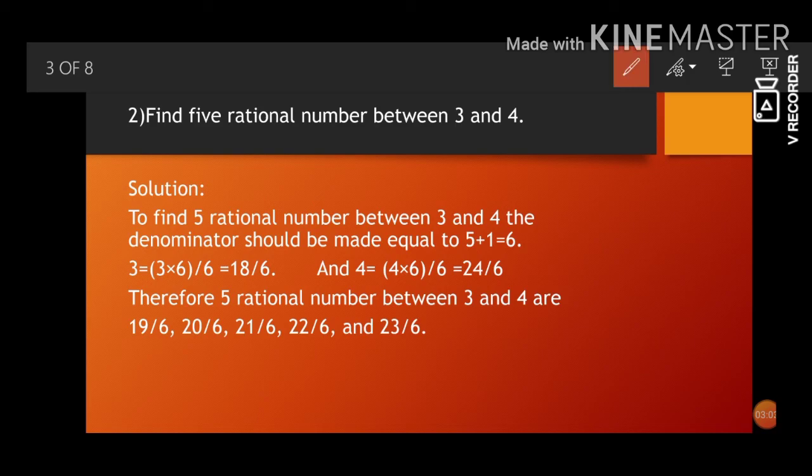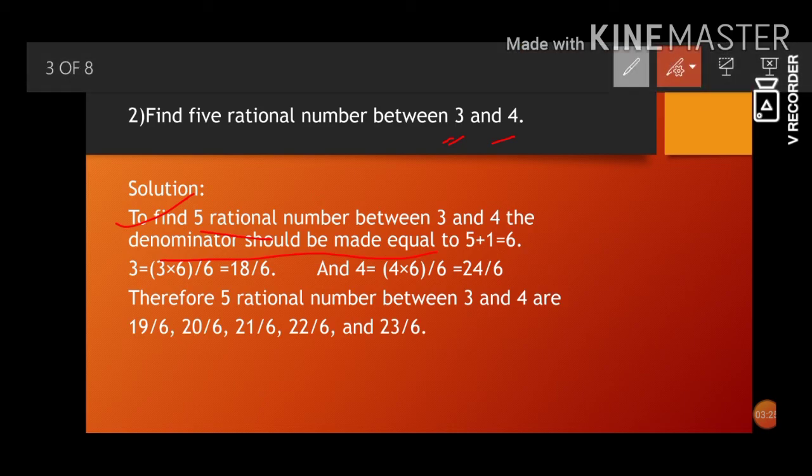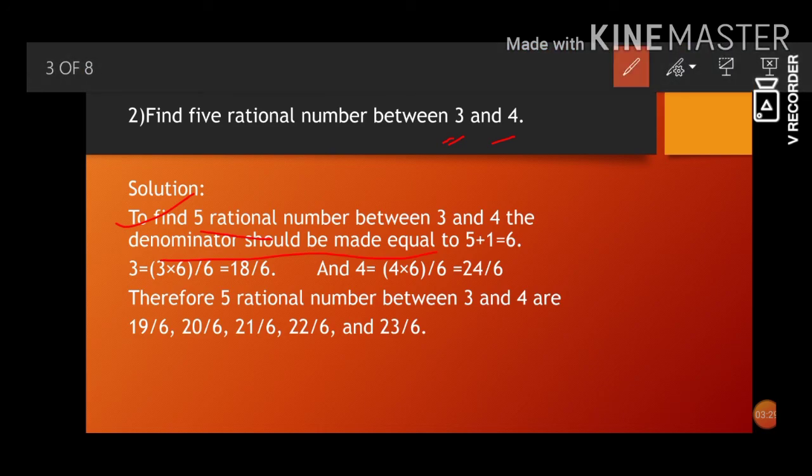You can see 3 and 4 themselves are rational numbers, and we have to find 5 such rational numbers between the two consecutive numbers. So since we have to find 5 rational numbers, the denominator should be made equal to 5 plus 1, which means 6.